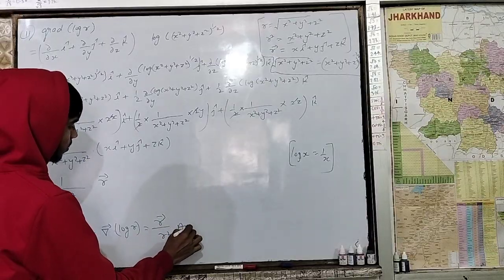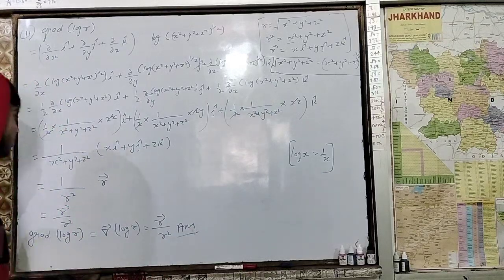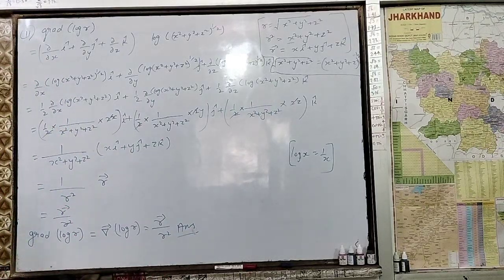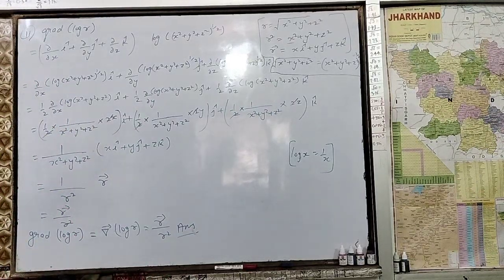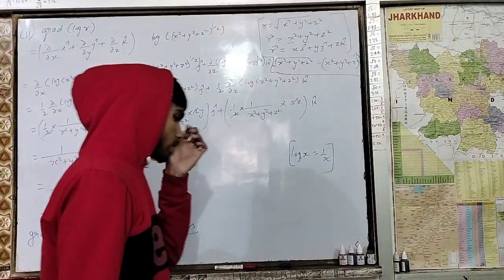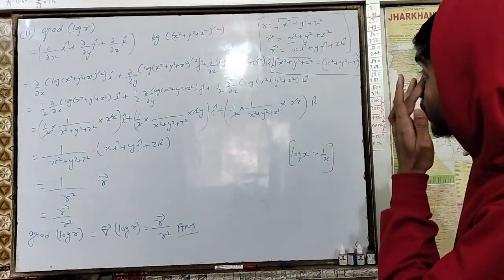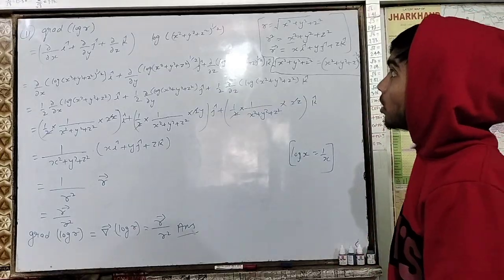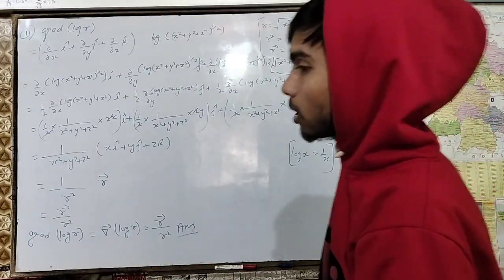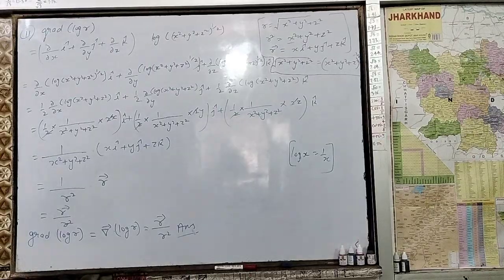This is our final answer. That is how you will solve. So gradient of log r will be equal to position vector upon r square, where log r is equal to log of x square plus y square plus z square raised to power 1 upon 2. Okay.